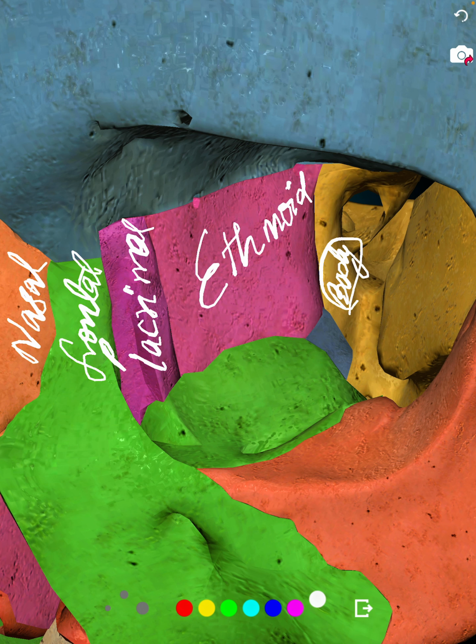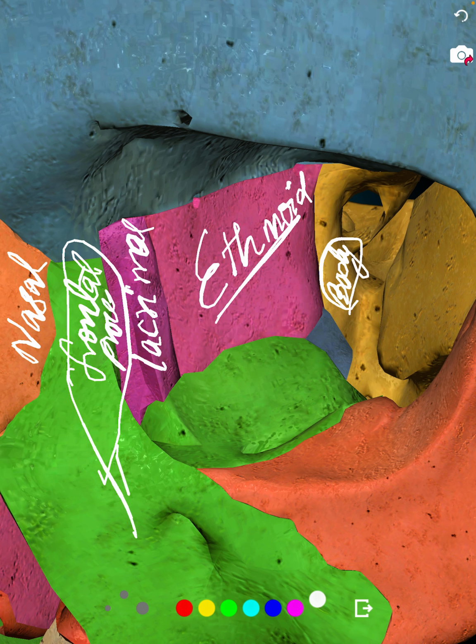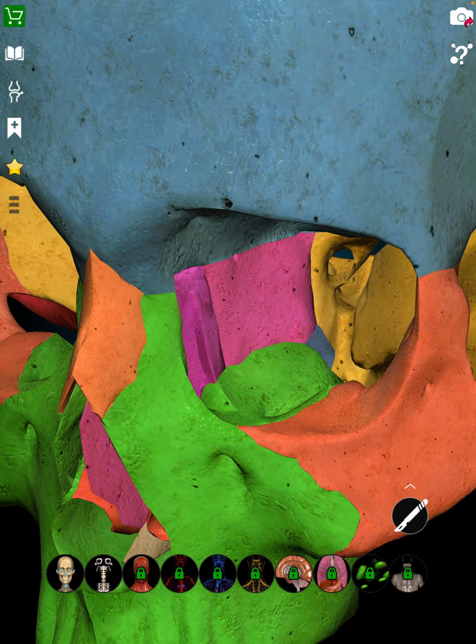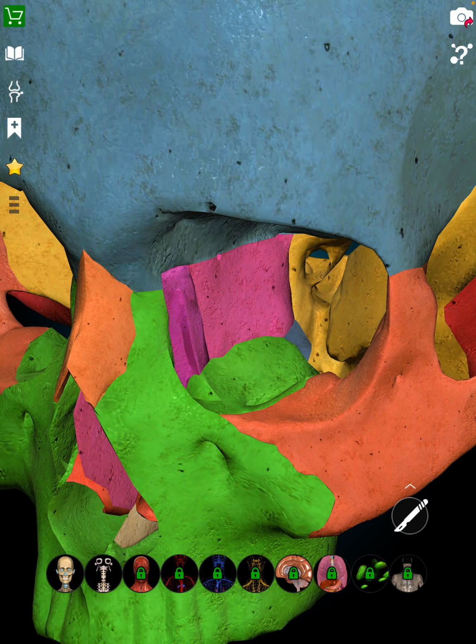Frontal process is a part of the maxilla bone. Understanding the medial wall, we have the ethmoid bone, the body of the sphenoid bone, the lacrimal bone, the frontal process, and then the nasal bone over here. So now I will tell you what all are the actual regions of these bones that are going to articulate.